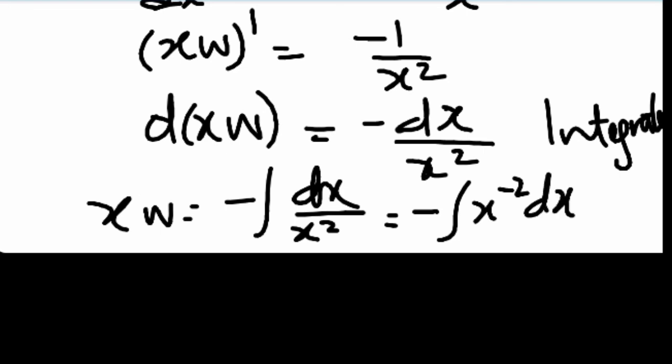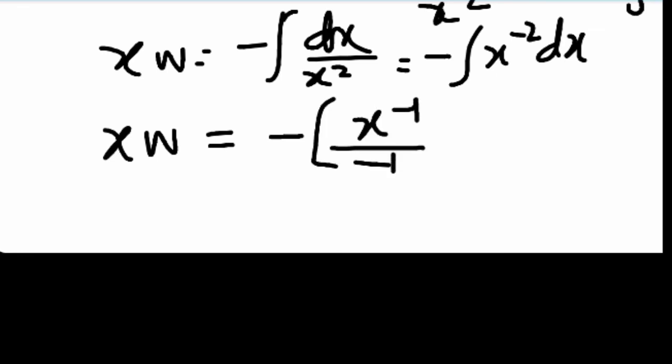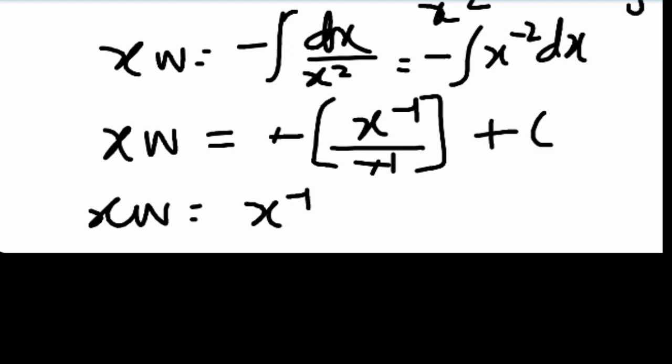I just did this so that it will be easy to see what we are doing. So we add 1 to the power and divide by our new power. So xw is equal to minus the integral becomes x raised to the power minus 1 over minus 1 plus c. So this cancels out. We have xw is equal to x inverse plus c.